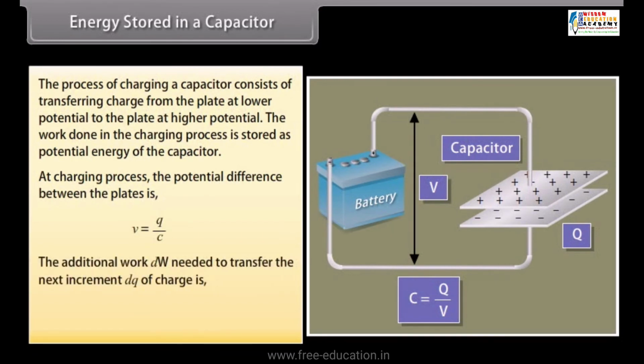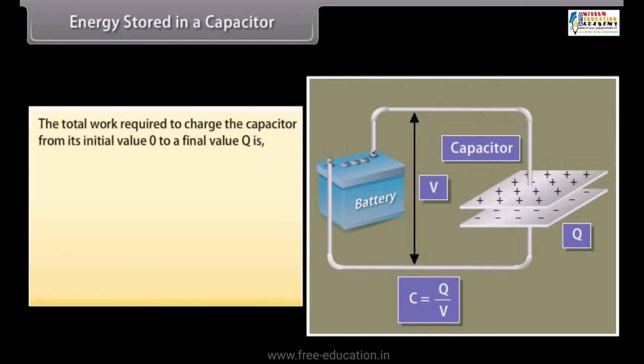The additional work dW needed to transfer the next increment dQ of charge is given by dW is equal to V dQ, which is equal to Q by C into dQ. The total work required to charge the capacitor from its initial value 0 to a final value Q is given by integration of dW.